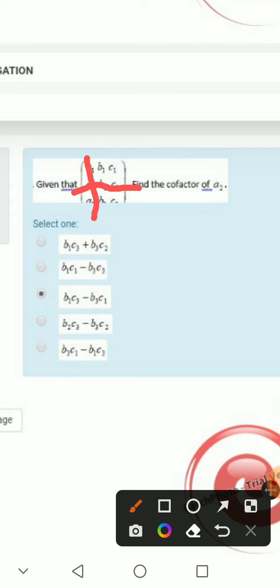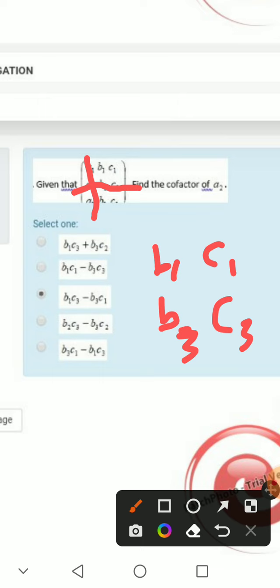So if we do that, you're going to see that we're going to have B1, C1, then B3, C3. So that's the determinant of this.